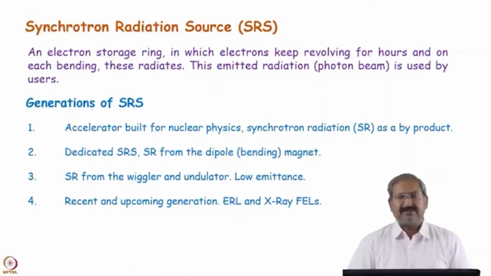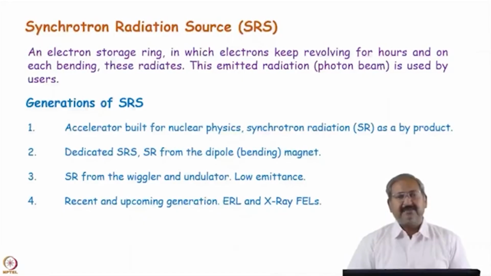Later on it was found that this radiation has very fantastic properties and can be used extensively in different kinds of studies. So dedicated SRS were formed, and here from each dipole magnet there is a radiation coming out, and by making some optics, that radiation is brought up to the experimental stations, and then these radiations are used by different researchers.